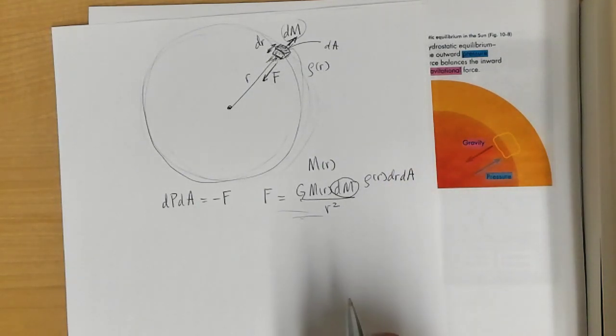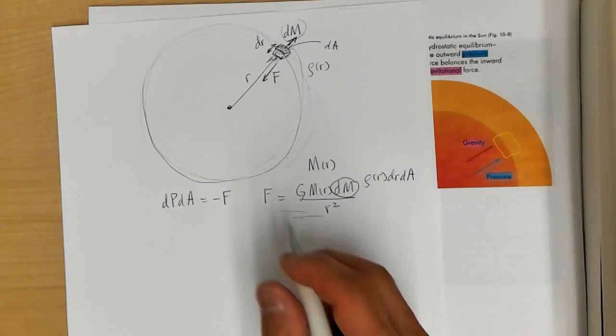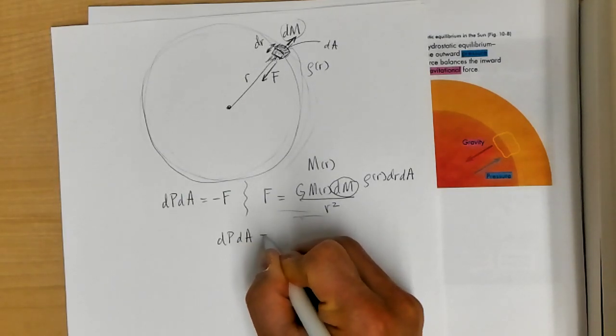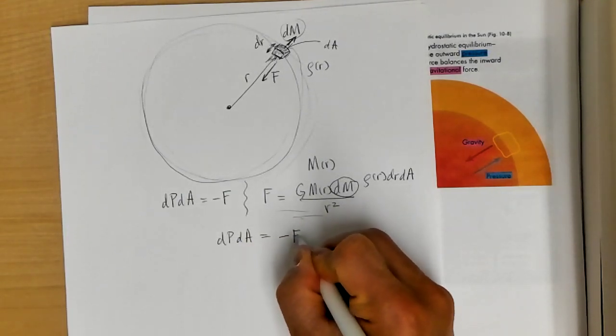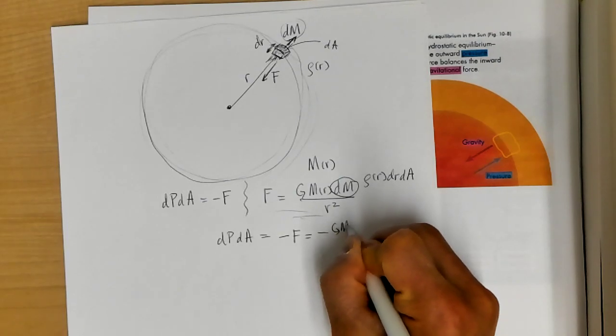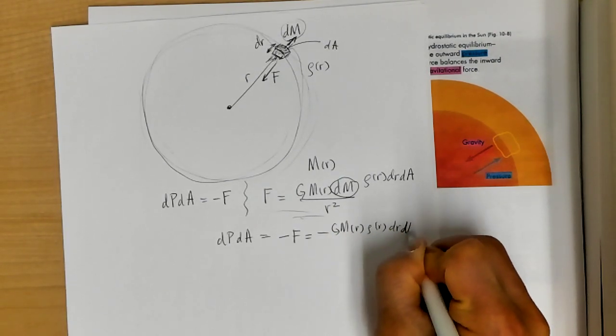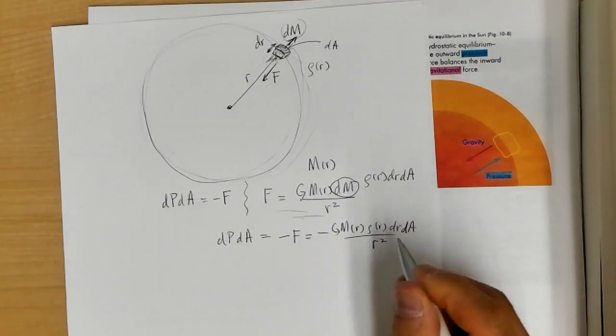Okay, now let's put these together. I said I have dP dA is equal to minus F, which is equal to minus G M(r) rho dr dA over r squared.